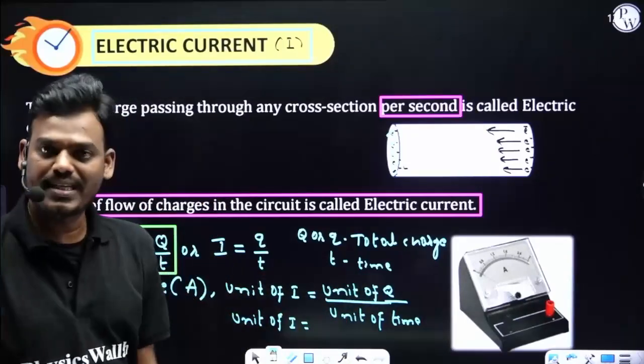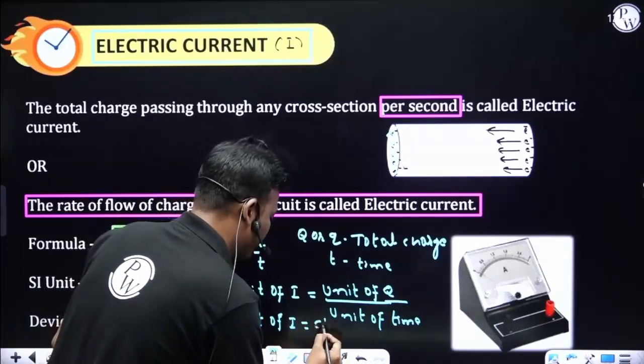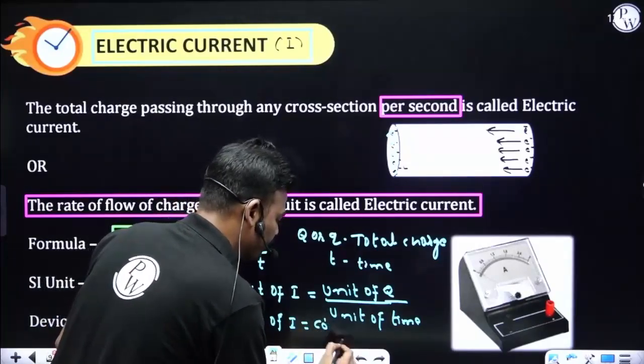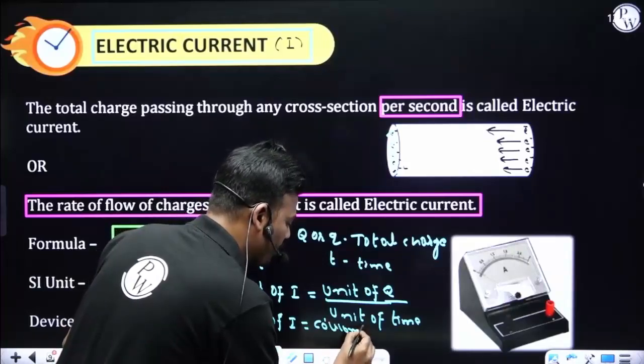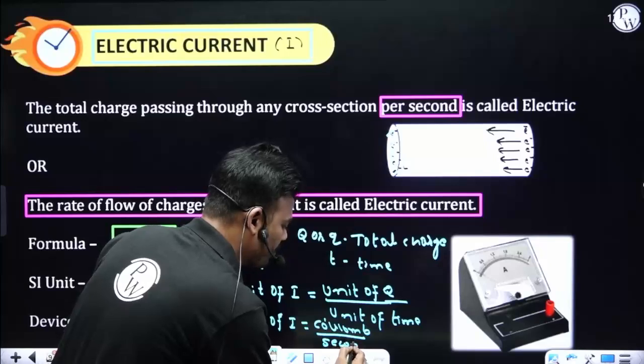What is the unit of a charge? That is a coulomb, right? Let me write in words only. Coulomb divided by unit of a time, that is the second, right?